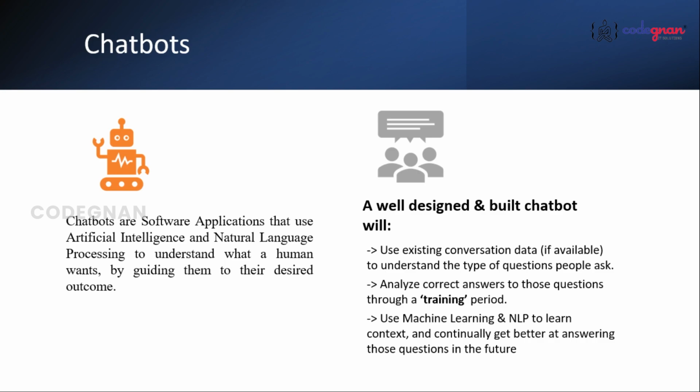A well-designed and built chatbot uses existing conversation to understand what we ask. The best example is if you go for a Swiggy bot or Amazon bot. Swiggy bot is simple because it follows rule-based things.